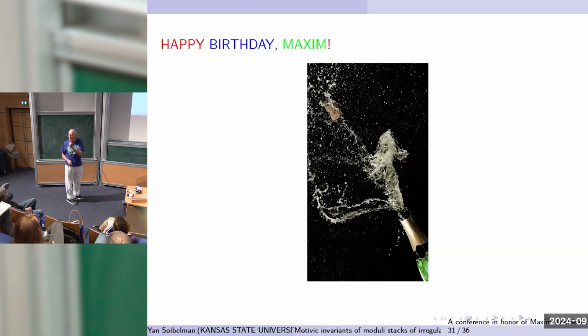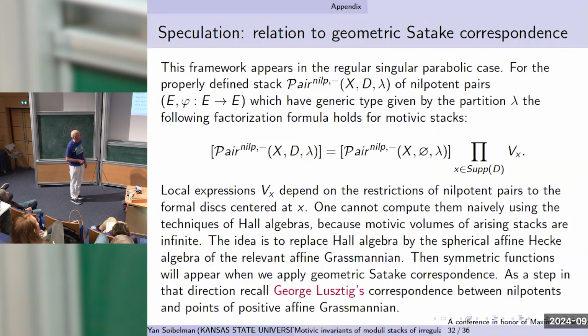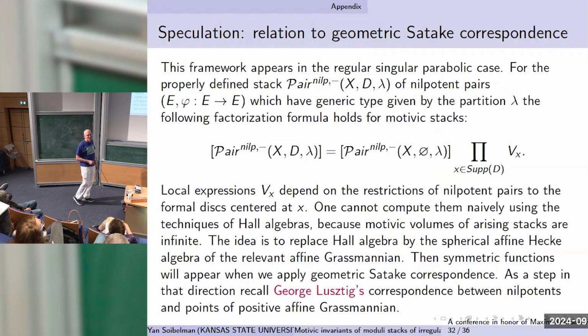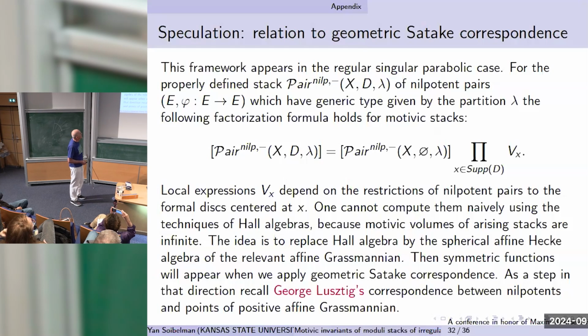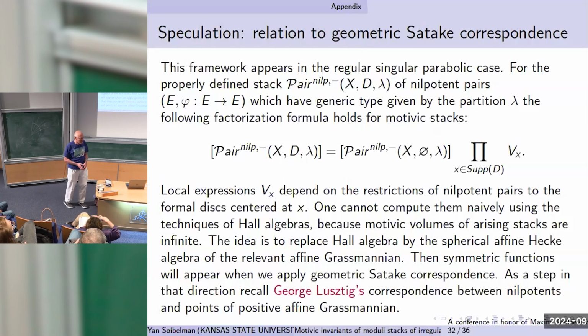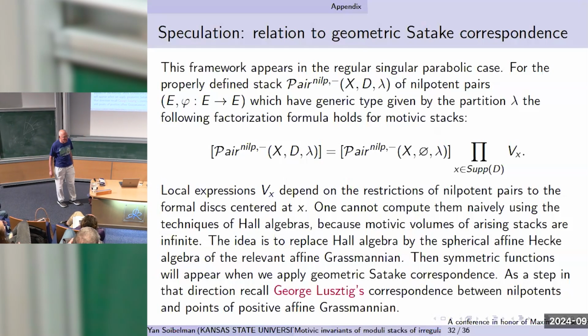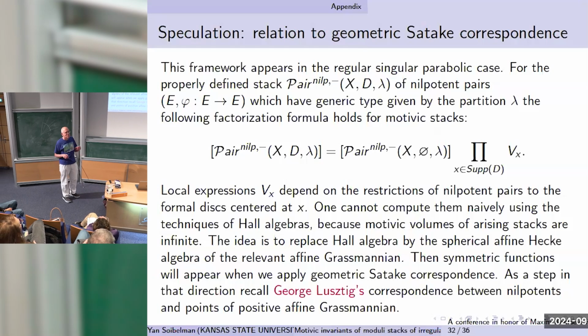So that's the main thing. People should kind of celebrate this slide, but then you see it says 31 on 36 slides. So the point is, actually, it's an observation of Schiffmann and Vasserot.